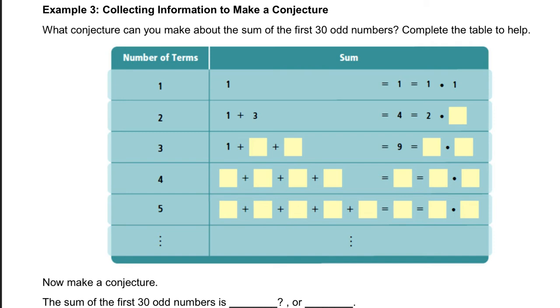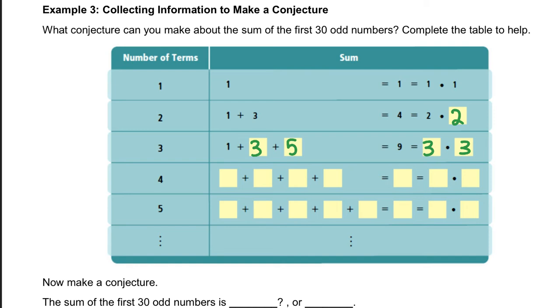And it's noticing that 1 plus 3 is really 4, which is 2 times 2. If we do the sum of the first 3 odd numbers, that'll be 1 plus 3 plus 5, which is 9. And 9 is really 3 times 3.